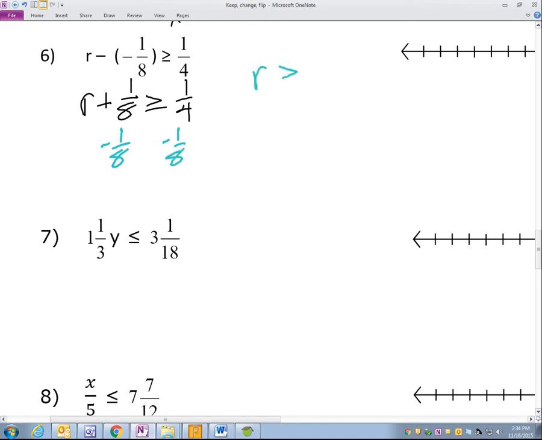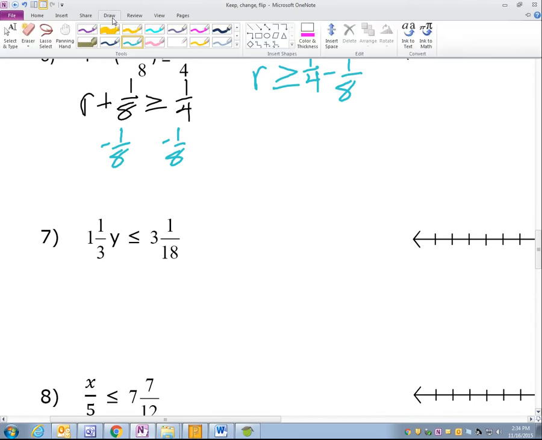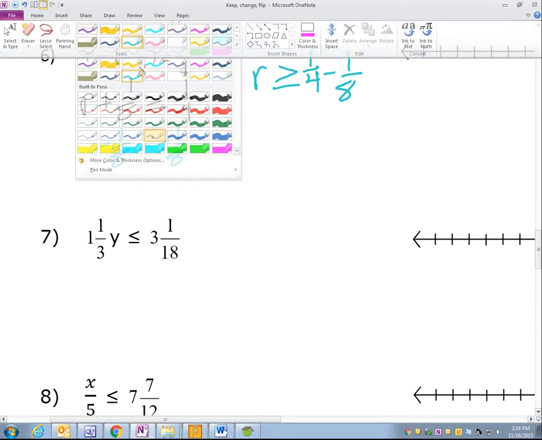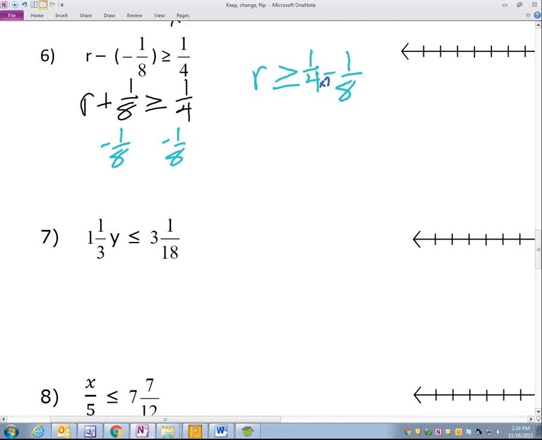R is greater than or equal to 1/4 minus 1/8, not the other way around. I need to multiply this by 2, so I have common denominators. R is greater than or equal to 2/8 minus 1/8.